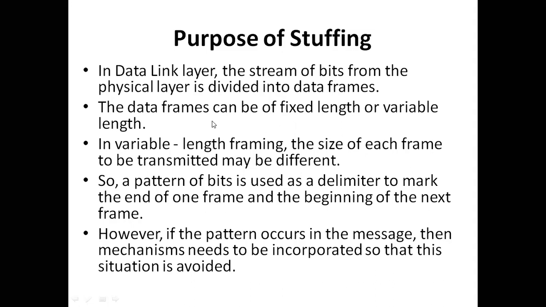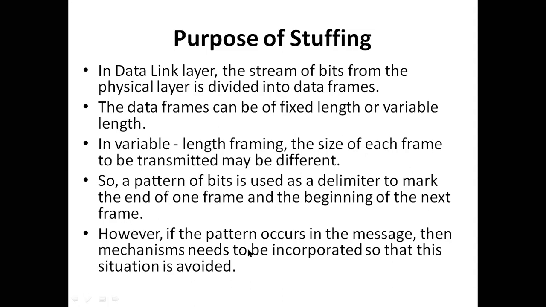If it is fixed length, there is no problem; we can send it directly to the physical layer. But in variable length framing, the size of each frame to be transmitted may be different. So a pattern of bits is used as a delimiter to mark the end of one frame and the beginning of the next frame.